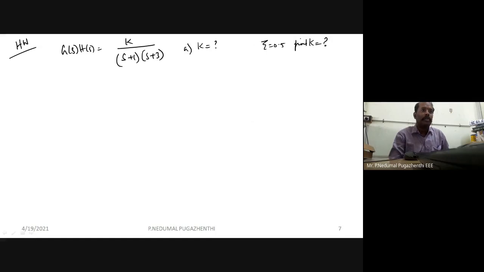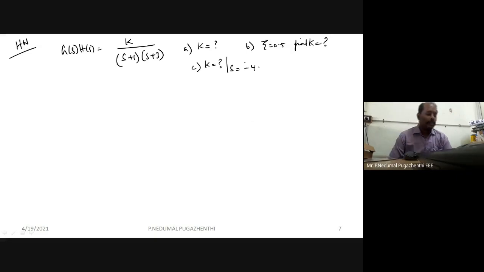So A, you have to find the stability limit. B, you have to find the dominant pole: if your damping ratio zeta is 0.5, then find k. Then find the value of k if s is equal to -4.